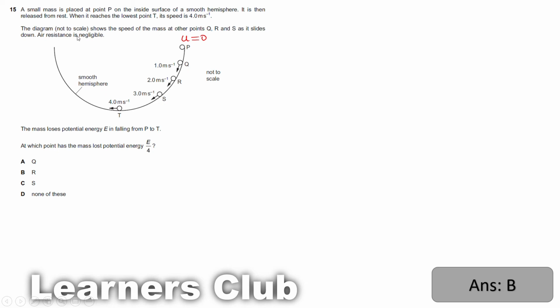The diagram, not to scale, shows the speed of the mass at other points Q, R and S as it slides down. Air resistance is negligible.